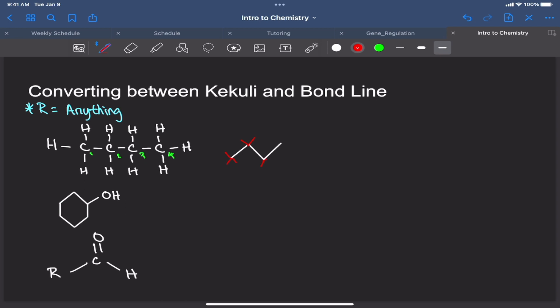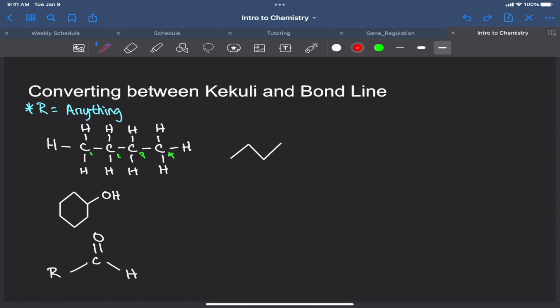The next one is the same thing. And then finally, we have the 4th carbon also bonded to 3 hydrogens. And you'll see that matches our molecule perfectly. So I'm going to go ahead and get rid of those hydrogens because we don't want to draw those in bond line. So our molecule would look like that.